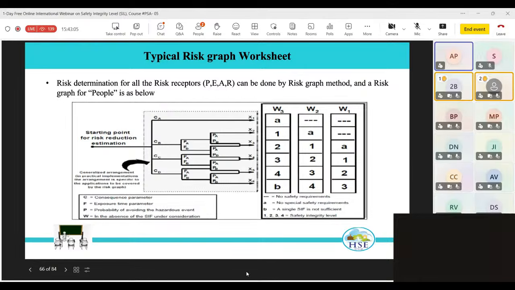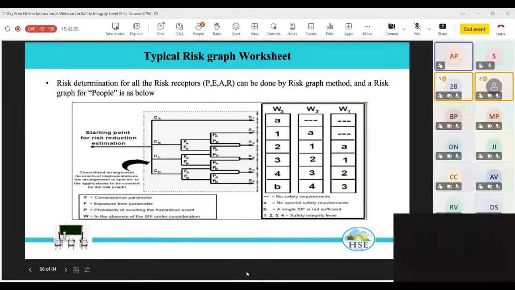FA, FB is the parameter we typically call exposure time. That means whether the operator is going to be available near the site of the accident or not. In this particular case, we take everything as FA. So CB, FA.